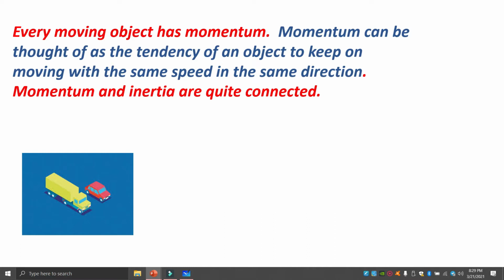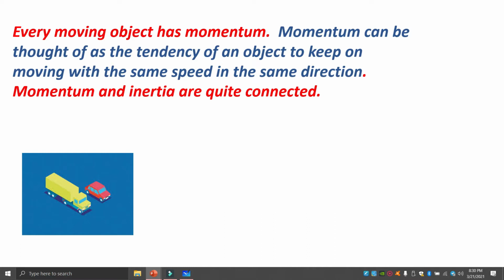This one I already told you, because we know the inertia. What's the meaning of inertia? The tendency of an object to keep moving. If it is moving in a straight line, it will still want to keep moving in a straight line. It's the same here: momentum is also the tendency of an object to keep on moving with the same speed in the same direction. It's quite connected, because both depend on the mass.